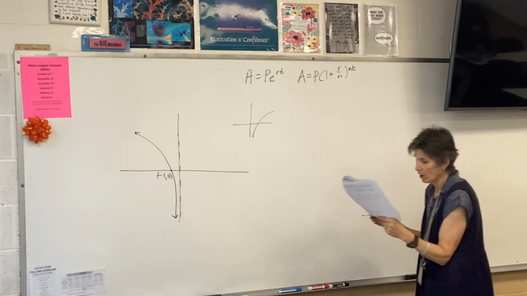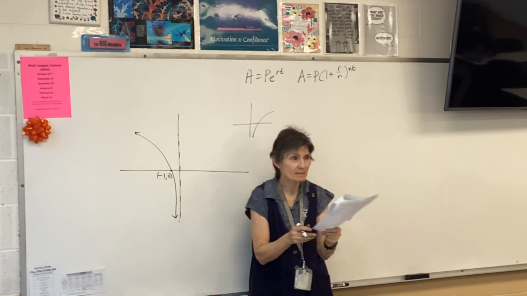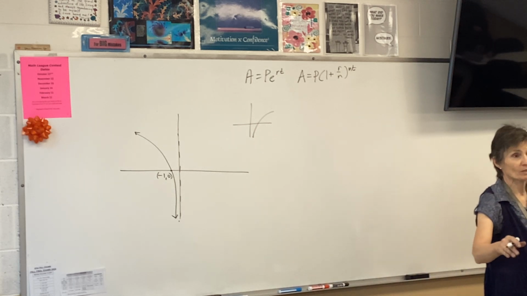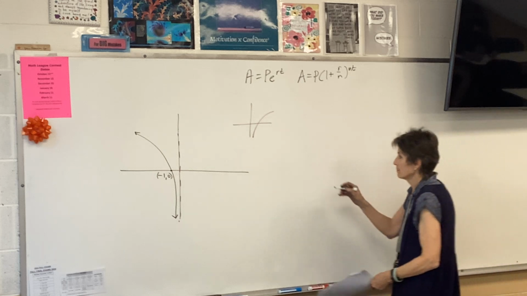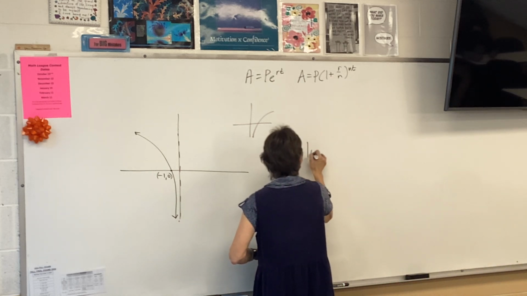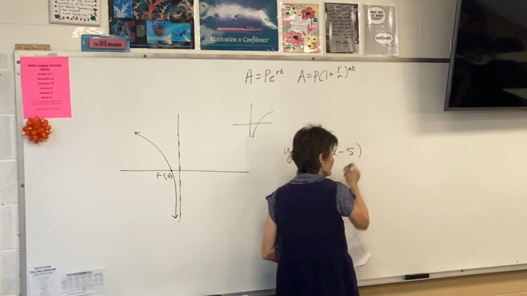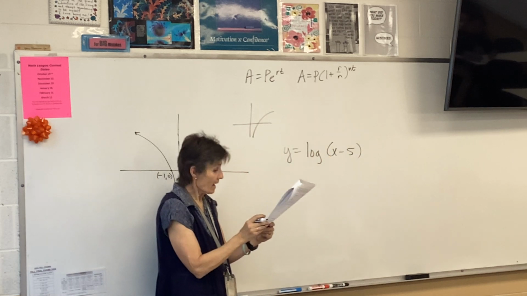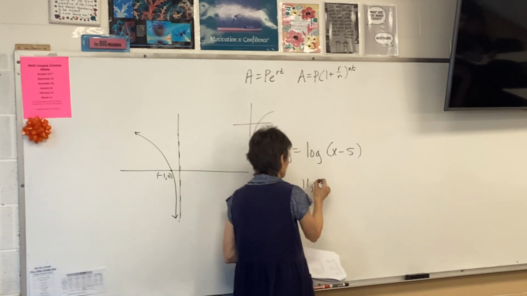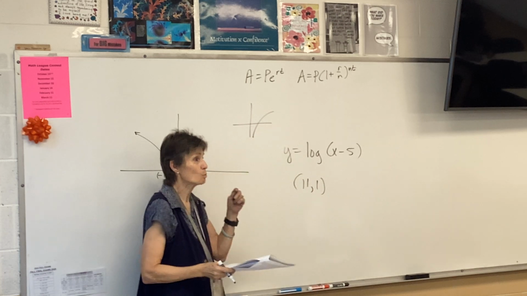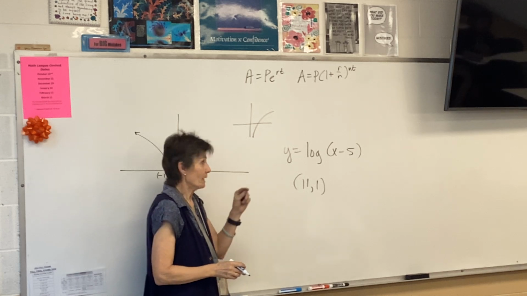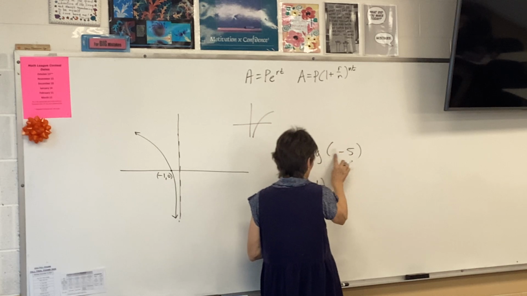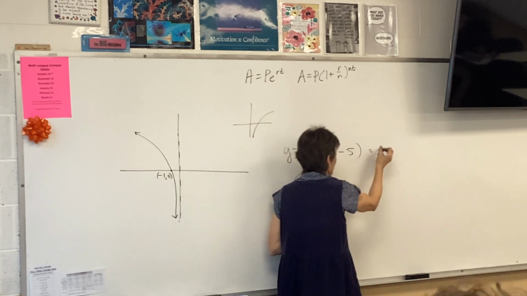All right, last one. Write an equation for the logarithmic function that has a vertical asymptote at 5. Stop right there. What do I know about my equation if it has a vertical asymptote at 5? y equals log of (x minus 5). Now, it has to go through the point (11, 1), which means when I put 11 in there, I have to get 1.